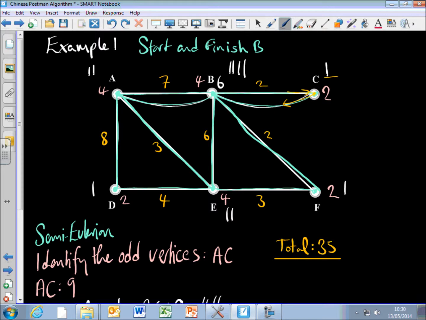And at F the order's 2, I went there just once. And at E, the order's 4, I went there 2 times, so it's half. You halve the order and it tells you how many times you went there, except for where you started. Where you started, the order here was 6. The order here is now 6.